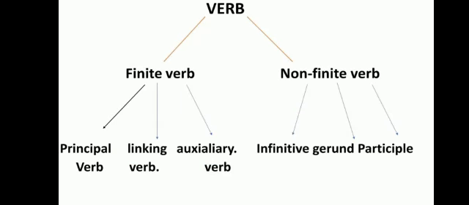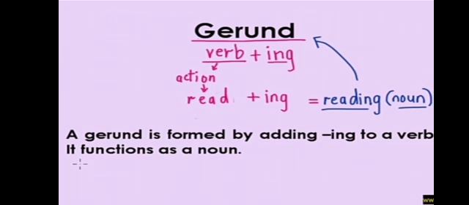Okay, now students, as we have already discussed the principal verbs, linking verbs, and auxiliary verbs, now here comes the turn of non-finite verbs, and let us discuss each type individually, that is infinitive, gerunds, and participle. First of all, I will explain to you the gerund.